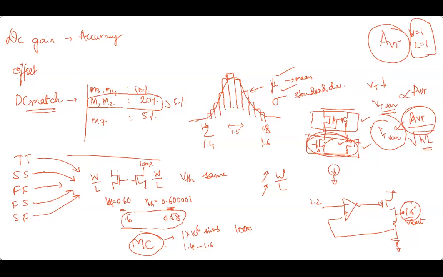You would like to reduce this distribution width. So VT variation is directly proportional to AVT. You somehow would like to reduce the VT variation. That could be done by, you see the lower expression, VT variation is directly proportional to AVT divided by root of W and L, W into L. So you increase the area.